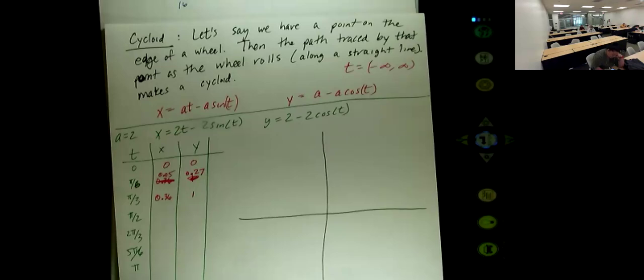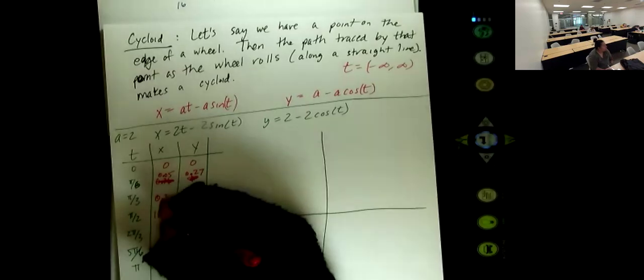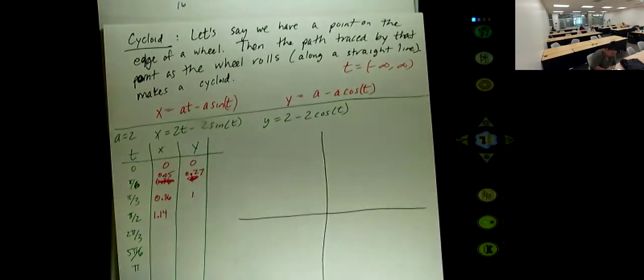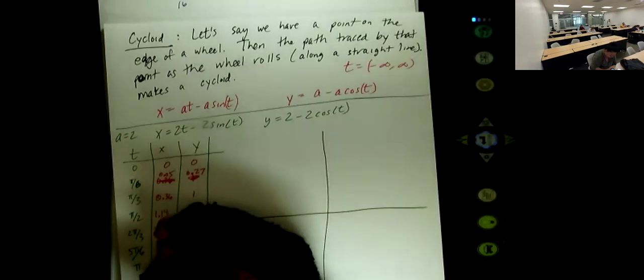If I do pi over 2, I get 1.14. Two minus 0 is 2. 2.46 here for that x.